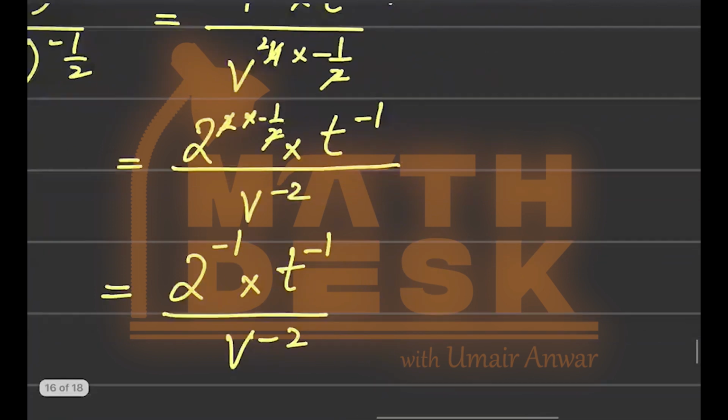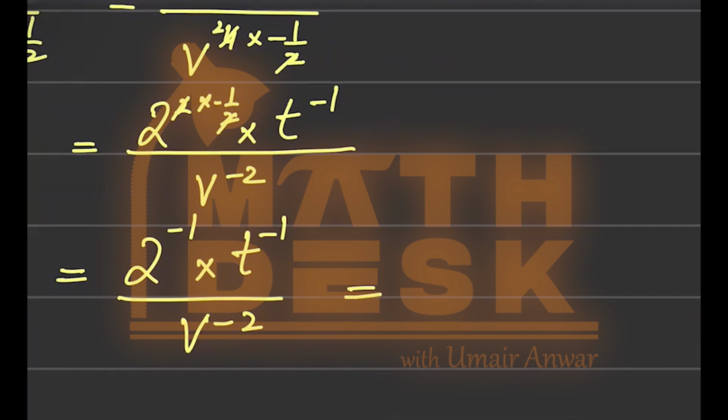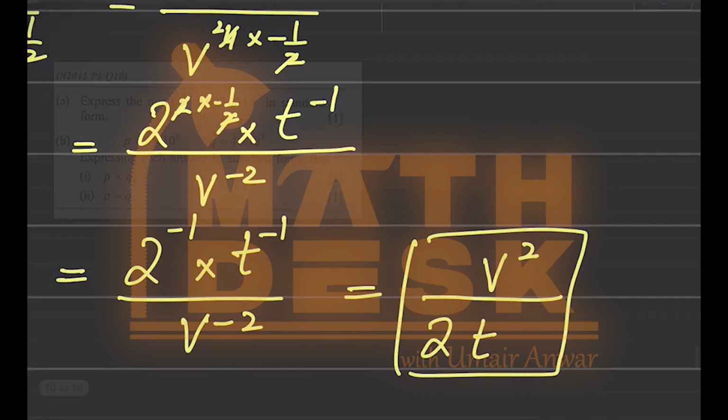Now we need to change the signs of the index. And for that, I'm moving v in the numerator so that the minus 2 becomes plus 2. And 2 would be moved in the denominator and t would also be moved in the denominator. So this would become the final answer for this part.